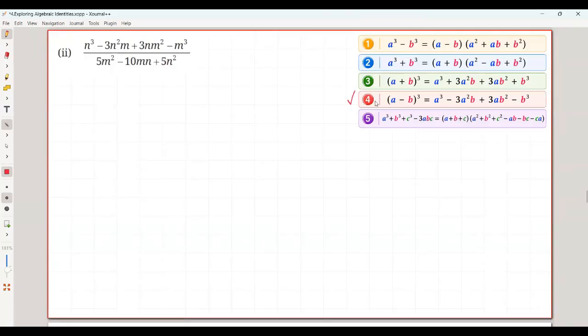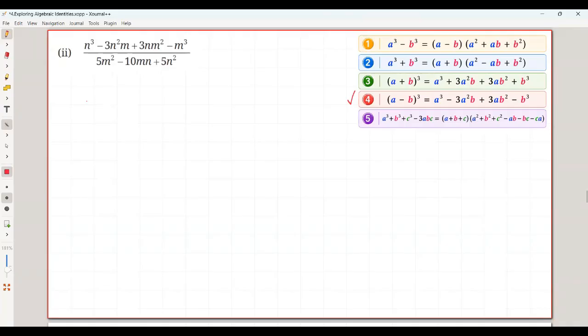So we opt for the fourth identity for the numerator. If it's the numerator in this form, directly we can find out what is a, what is b, then the whole cube. That is the answer.